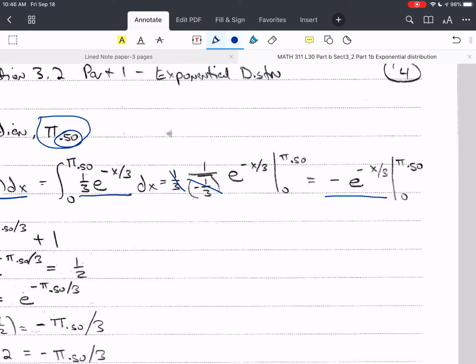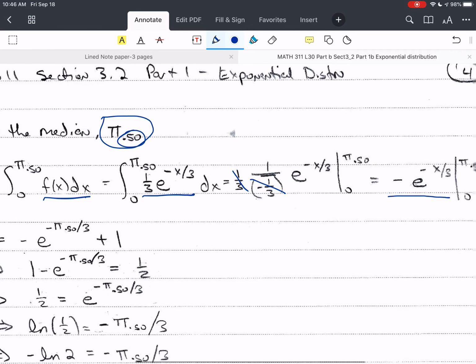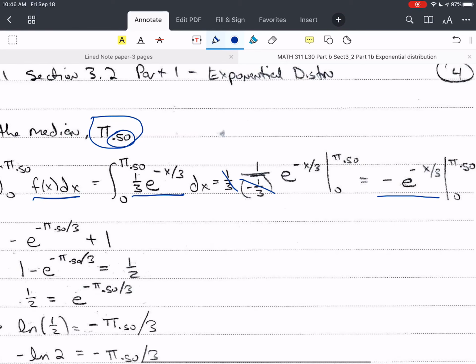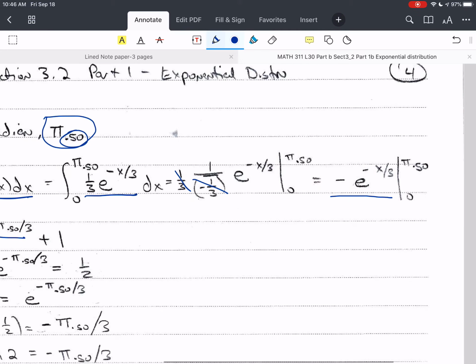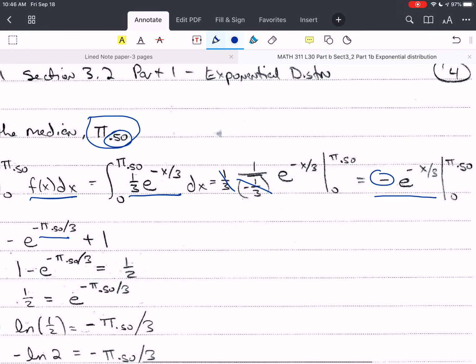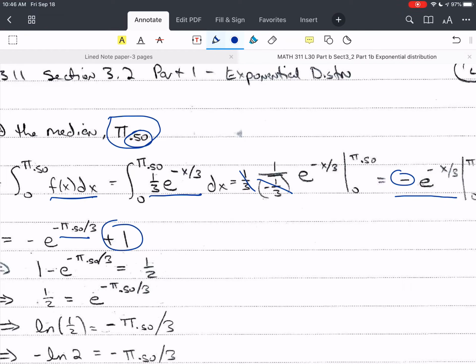So I can plug in pi sub 0.5. And when I do that, I get negative e to the negative pi sub 0.5 over 3. And then I subtract from a negative, and that's a positive. And then I plug in 0 for x. e to the 0 is 1. So I can rewrite that as 1 minus e to the negative pi sub 0.5 divided by 3.